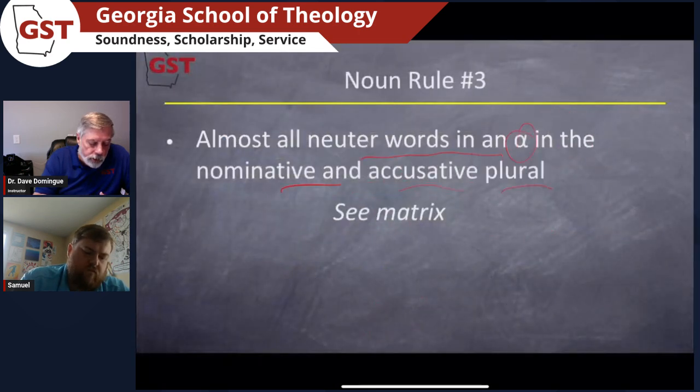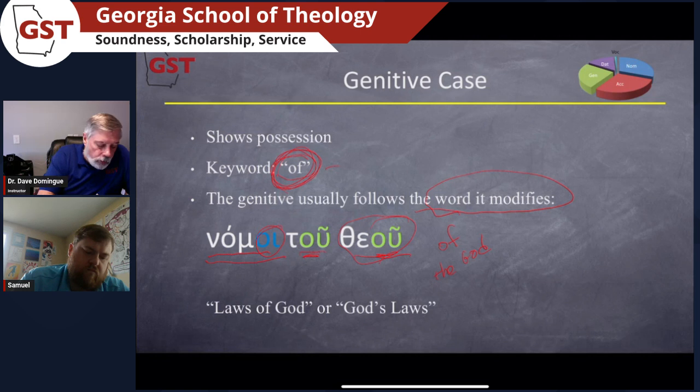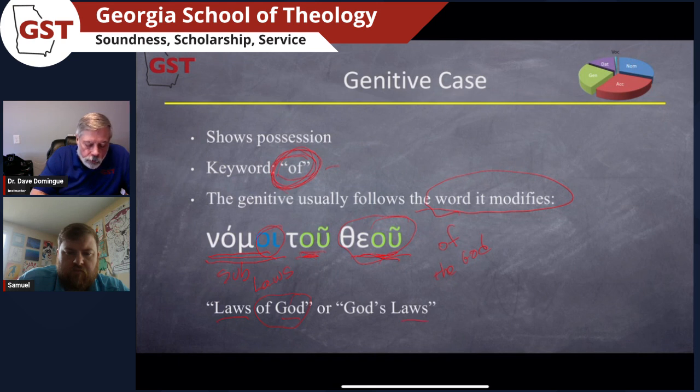So when we get to here, we have our word namoi, tu theu. Here's our subject, and it refers to law, but it's plural, so it's laws. And then tu theu, like you said, it's God, but it's of God: laws of God, or God's laws, possessive. What's happening there?